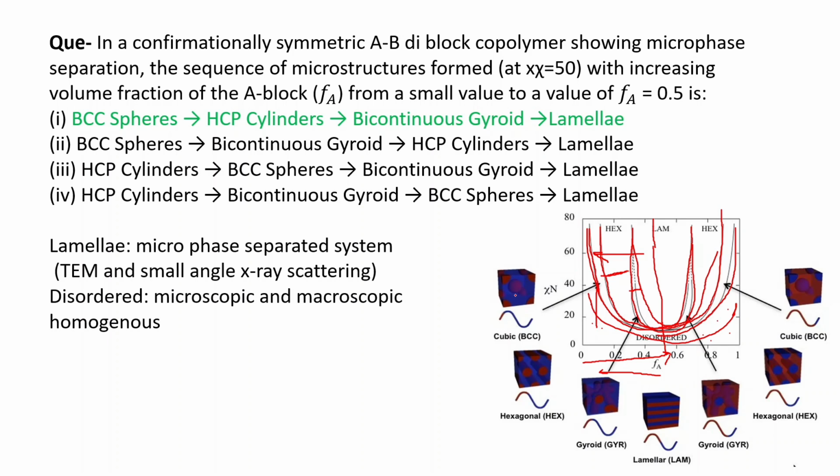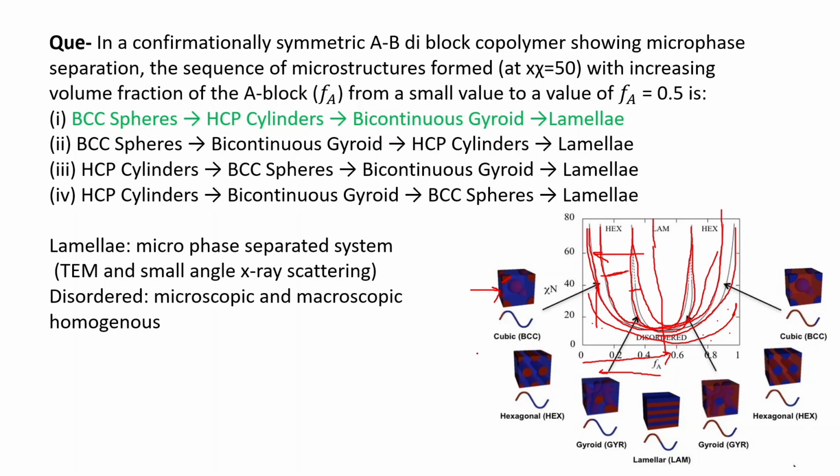So B block polymer will be in the continuous system, and A block will be in the discontinuous form, as spheres, right? We can see in this, red is marking the A polymer, and blue is the B polymer. So B is in the continuous phase, while A is in sphere form.